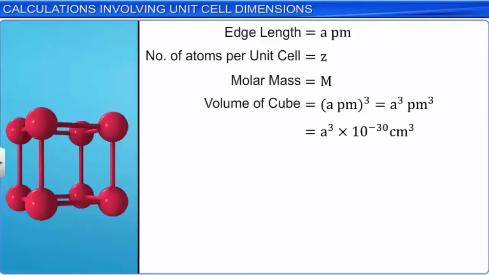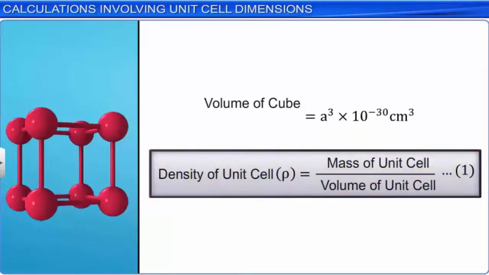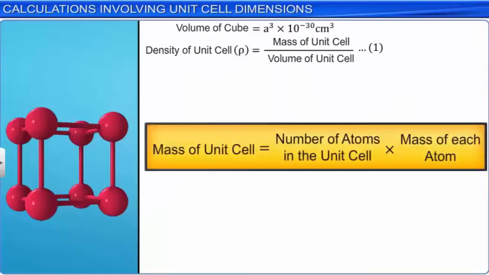You already know that density of a unit cell, rho, is equal to mass of the unit cell divided by volume of the unit cell. Let this be equation 1. Mass of a unit cell is equal to number of atoms in the unit cell into mass of each atom.